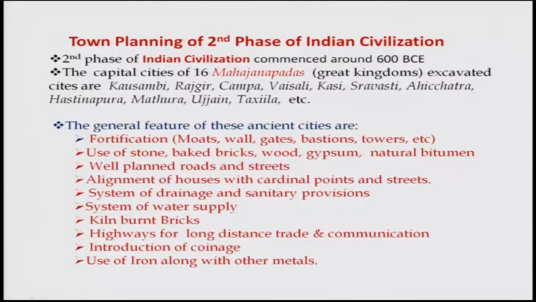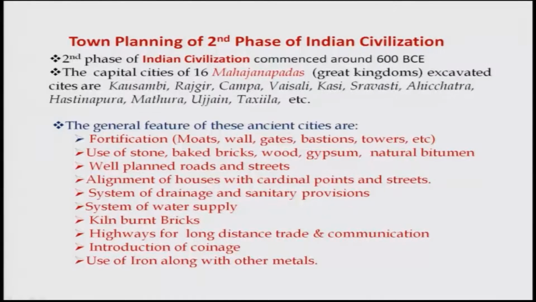and highways were for long distance trade and communications, and what we call the GT road, people say that it is from the second phase civilization, which goes from what we called in earlier days Dhaka to Afghanistan, that road which is the main point, and similarly on the southern side there is a road which was meeting this one in earlier days, and these are quite old roads, right.